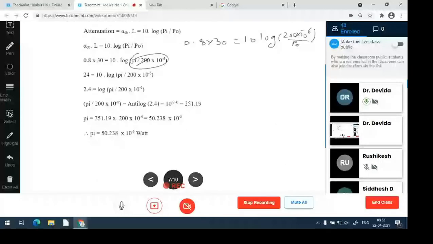Now 0.8 into L equals 10 log of 200 into 10 raised to minus 6 divided by PO. Again a correction is made here, and here also a correction is needed. We have to calculate PO, not Pi.